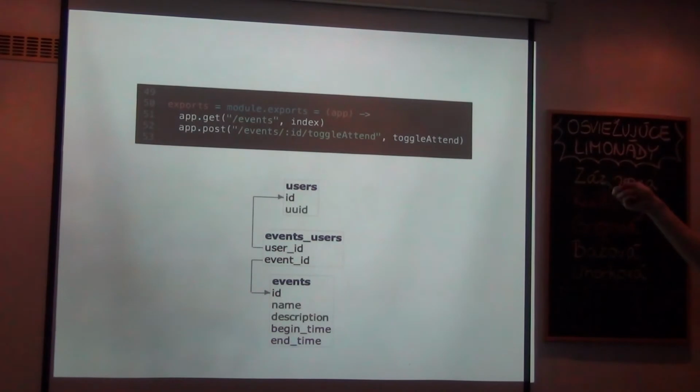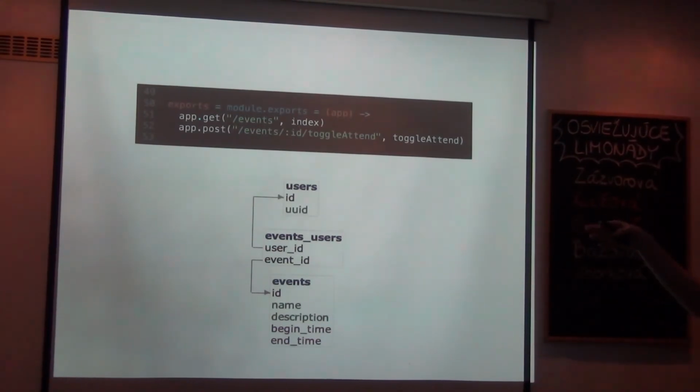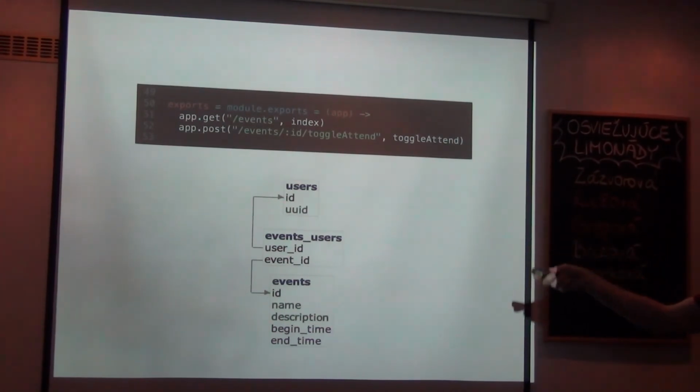This is really basic stuff. We have a table of users, a table of events, and a table saying that the user is attending the event. The relation is set up by a joining table, and the relation is the record in the table events users. So if the record is in that table, the user is attending that event.